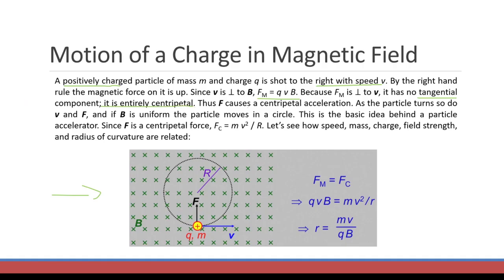Thus, F causes a centripetal acceleration, just like we saw with our uniform circular motion. As the particle turns, so do v and F and B. And if B is uniform, the particle moves in a circle. This is the basic idea behind a particle accelerator.